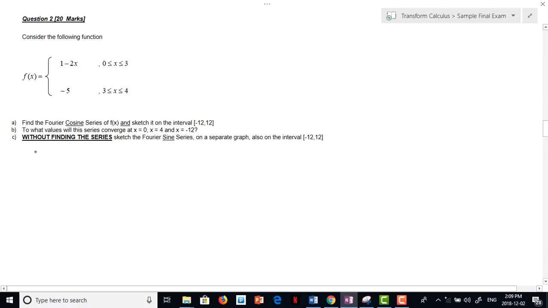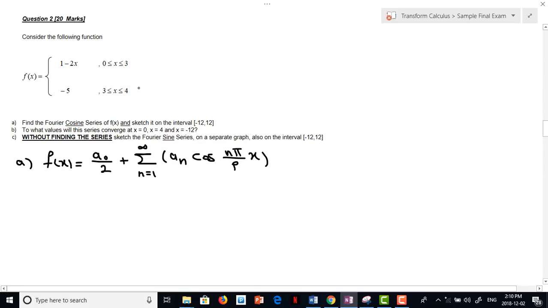So in part A, we want to find the Fourier cosine series, which is f(x) equal to a0 divided by 2 plus the summation of an cosine(n pi over p x). In this question, x is between 0 and 4. As a result, p is equal to 4.